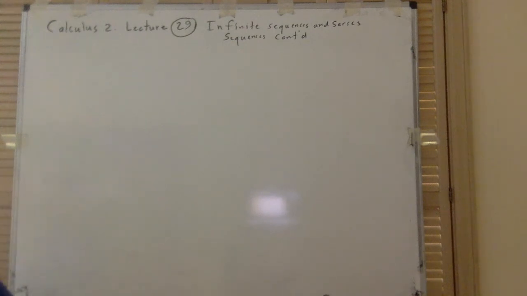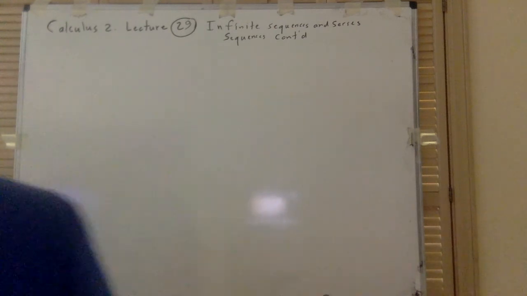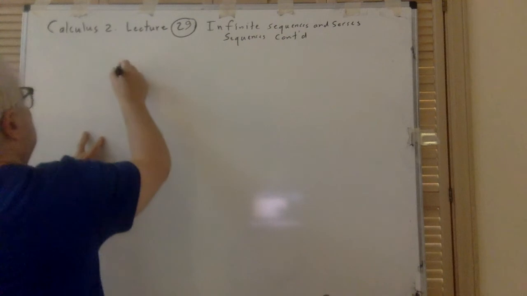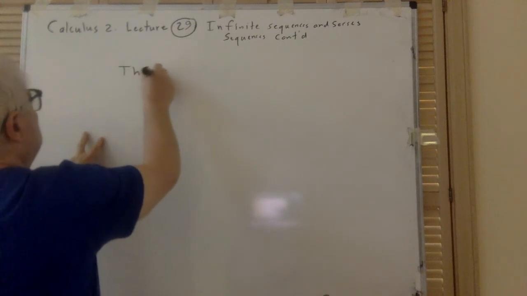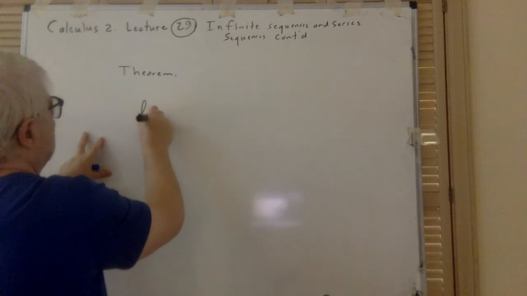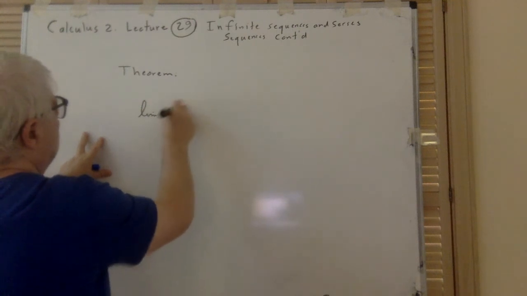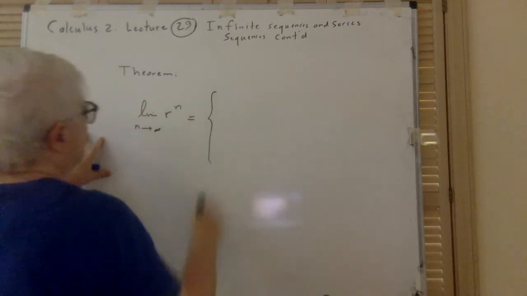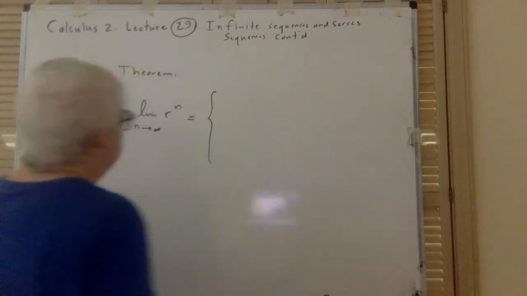Okay, two things are important here. One is a theorem which can be proved, about the limit of r to the power n as n goes to infinity. What is it?